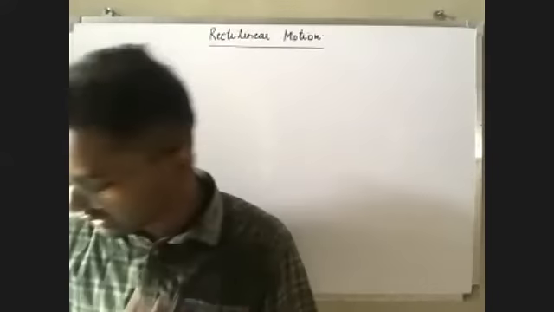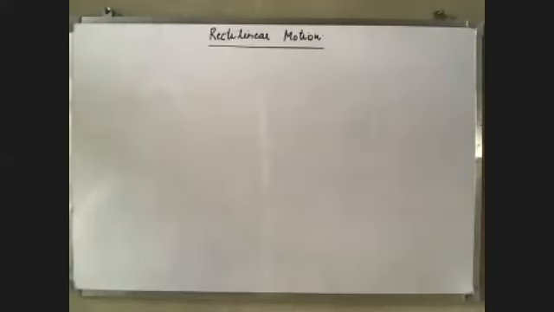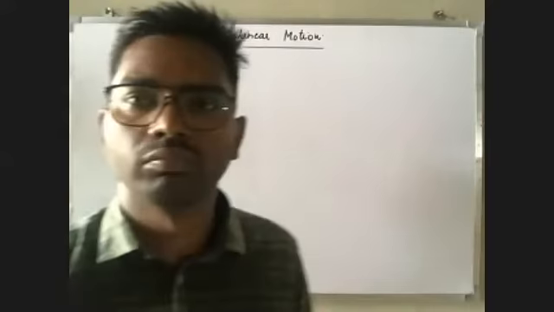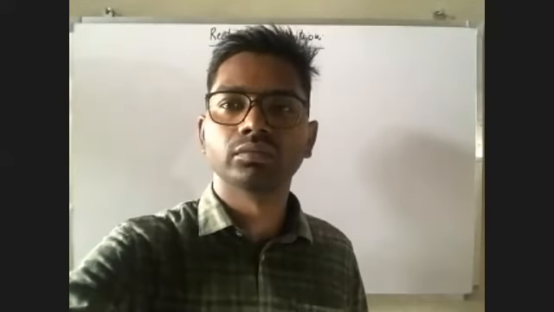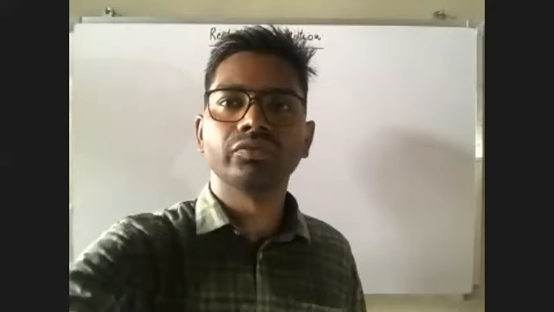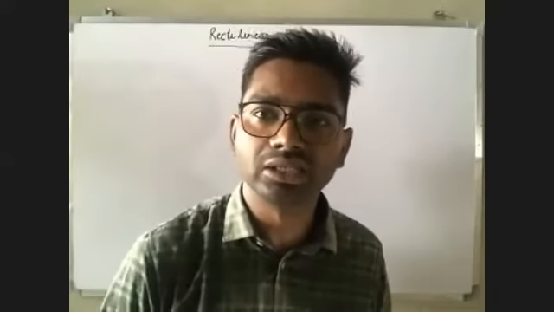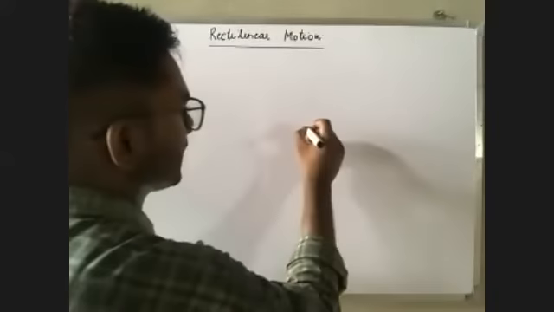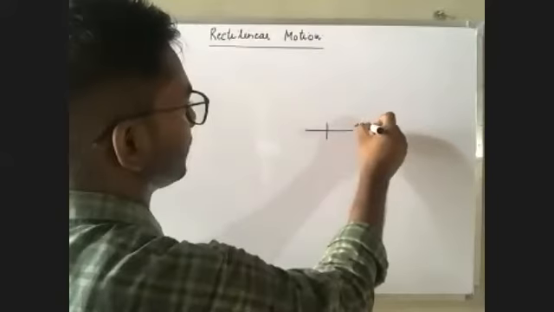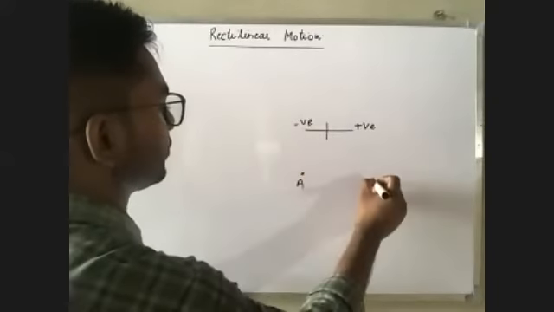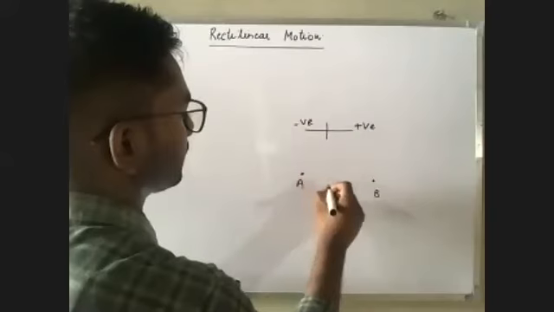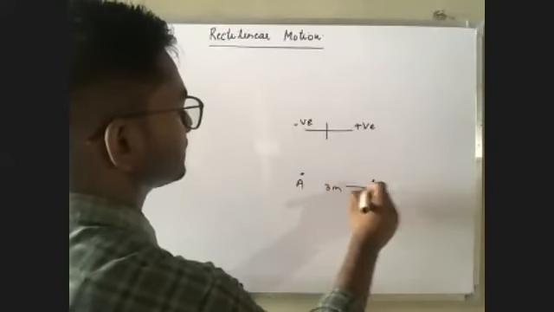Everyone write the first question. When is displacement negative? Look here, few people are having trouble with when displacement is negative. Let's suppose I have assumed this direction as positive and this direction as negative. This is point A, this is point B. The distance between them is 3 meters.